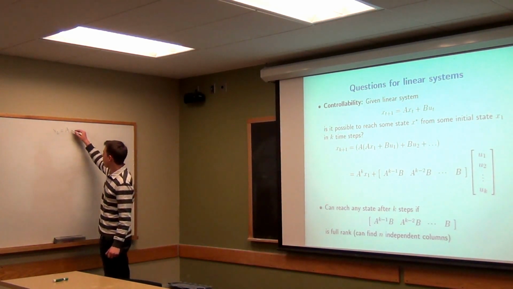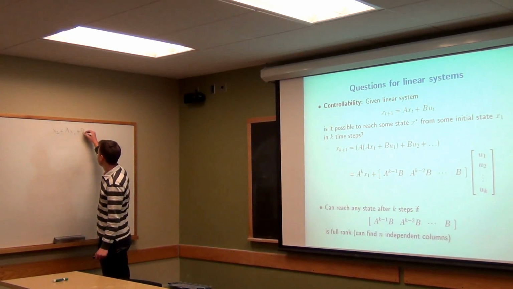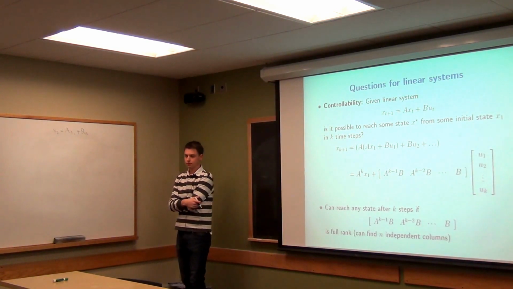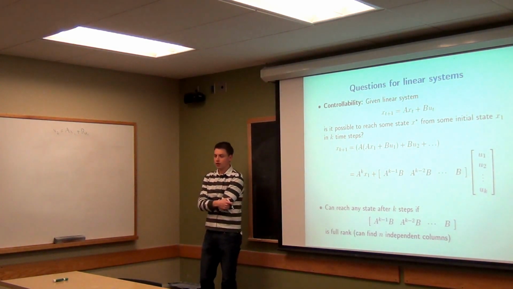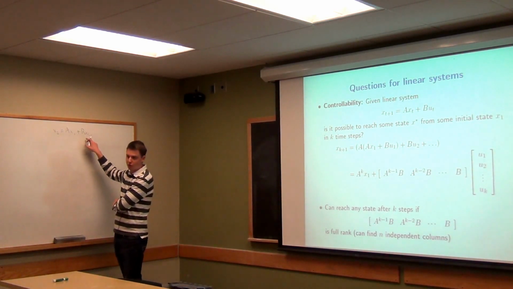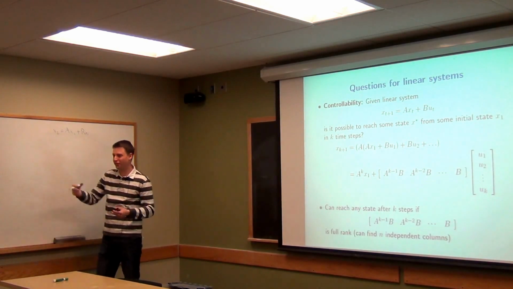So x2 here equals a x1 plus b u1. So the only input we have there is we can pick u however we want, maybe to move x2 towards the good location.